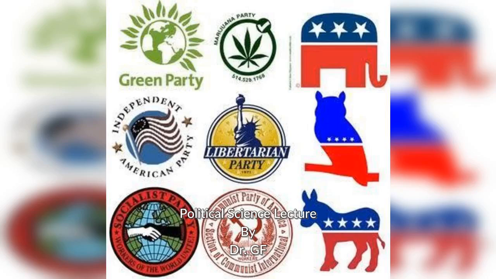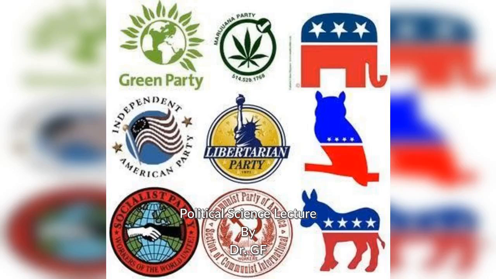Although the term independent often is used as a synonym for moderate, centrist, or swing voter to refer to a politician or voter who holds views that incorporate facets of both liberal and conservative ideologies, most self-described independents consistently support one of the two major parties when it comes time to vote, according to Vox Media.